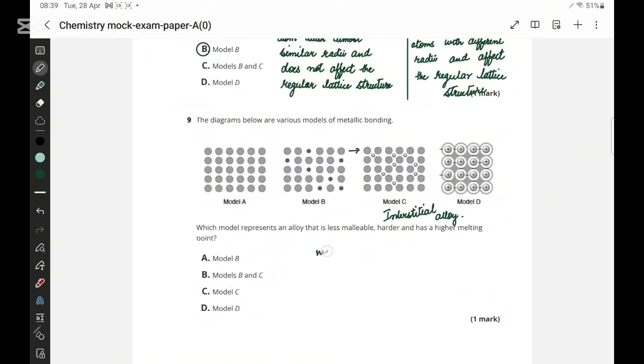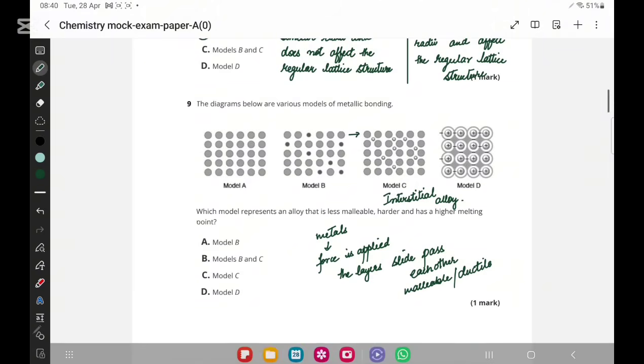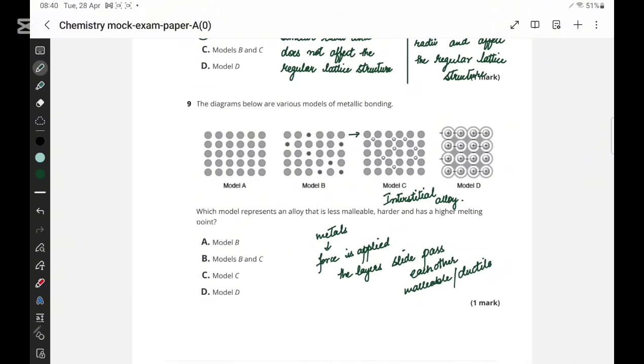You remember the condition for metals: when a force is applied, the layers slide past each other, and that makes them malleable and even ductile. But in option C, the interstitial alloy, when a force is applied, the layers would not slide past. So option C is the right one.